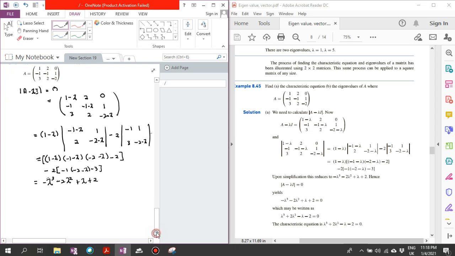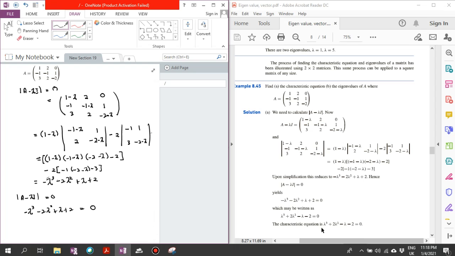As we know, the main formula for eigenvalue is A minus lambda I equal to 0. So this equation becomes negative lambda to the power of 3 minus 2 lambda to the power of 2 plus lambda plus 2 is equal to 0.